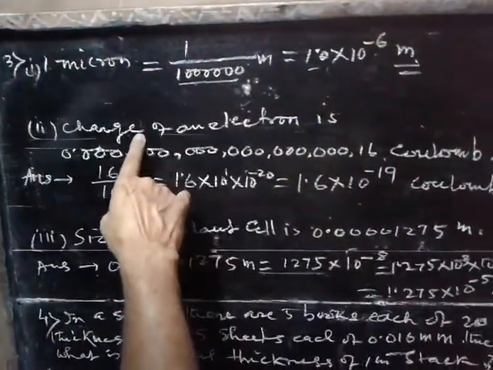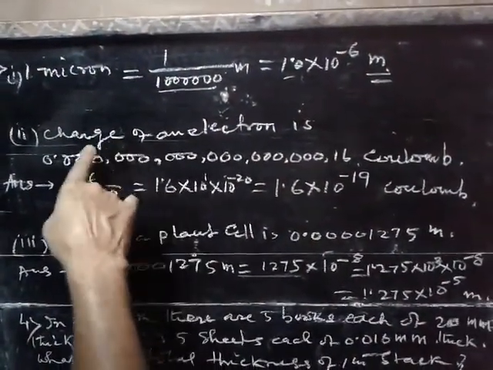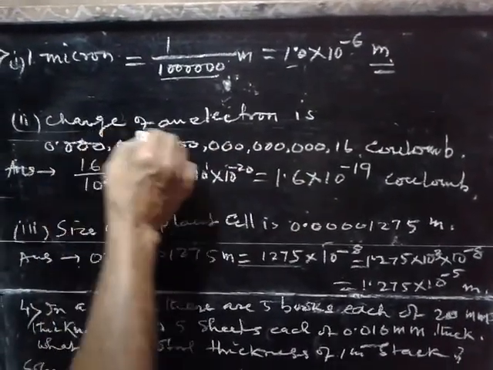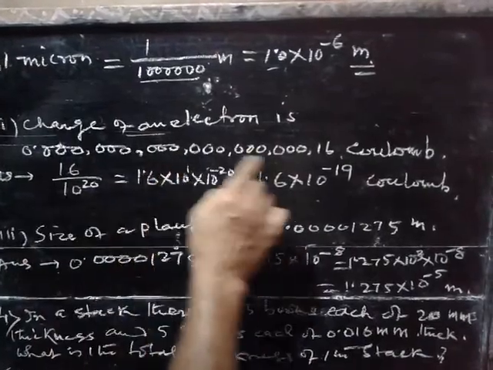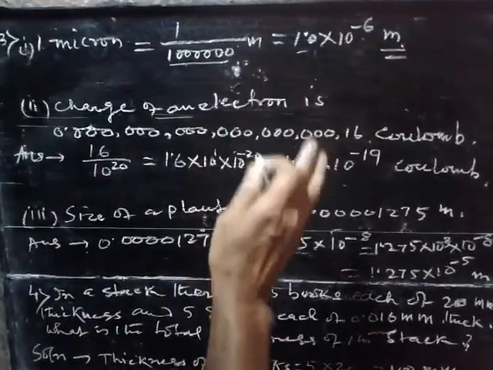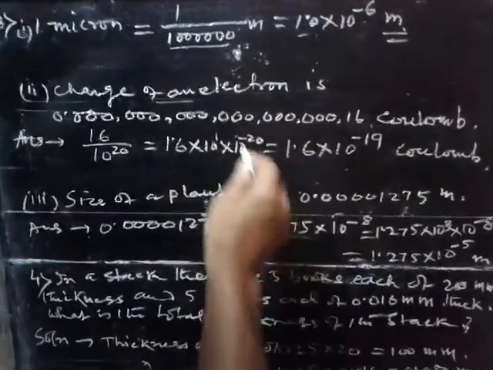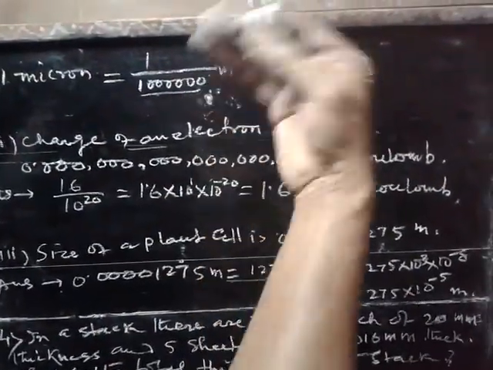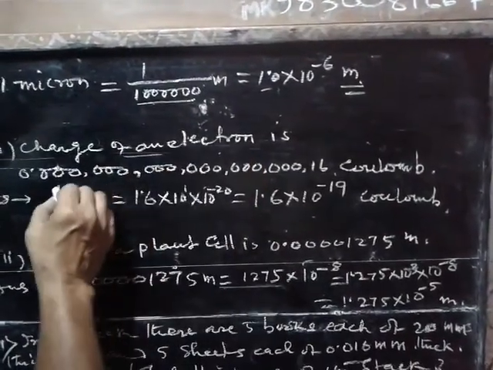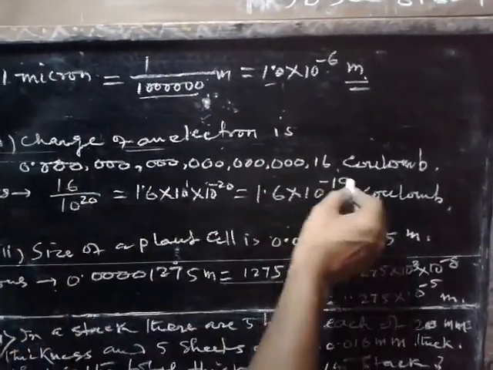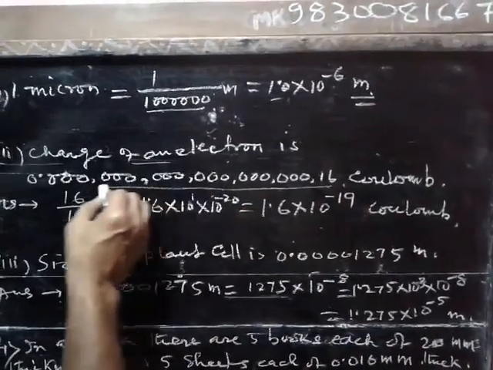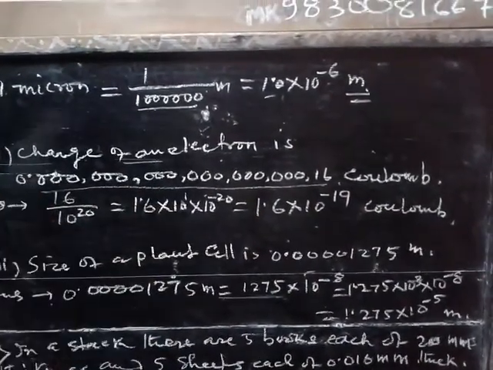Now the charge of an electron is given. See the charge of an electron, how small the number is, and the standard form is actually used to express a very small number or a very big number. See here the charge of an electron is given. After the point there are 20 places after the decimal.